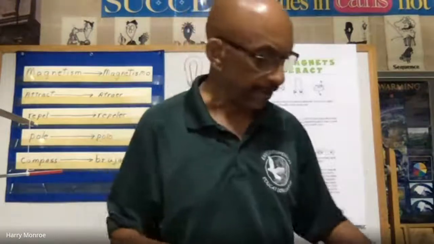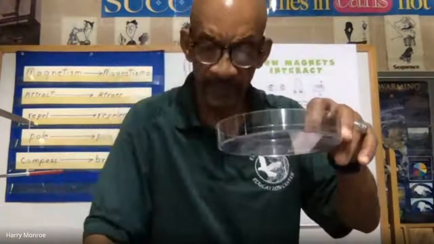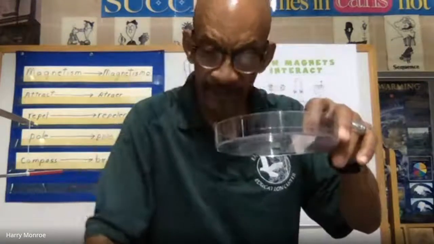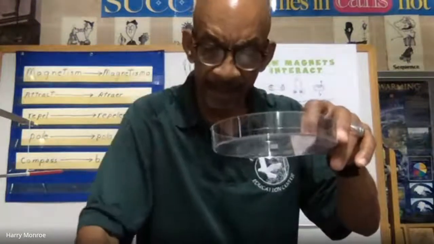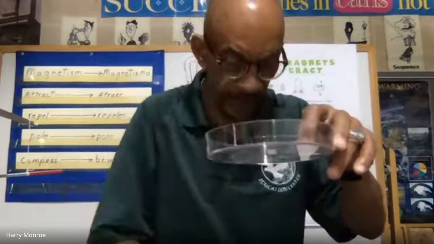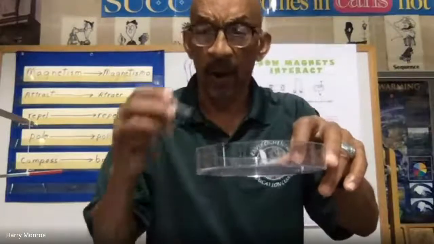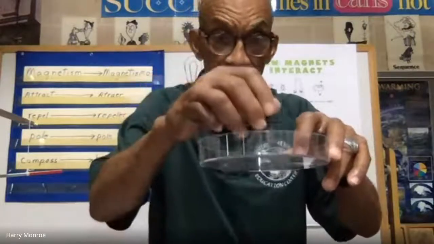Wow. You know, magnets attract different types of matter. And I'm going to run a little test right quick using one of these bar magnets, and I'm going to put some items in a petri dish. I'm going to put a screw, some staples, paper clips, and I'm going to see if these objects that are made up of matter are attracted to this bar magnet.